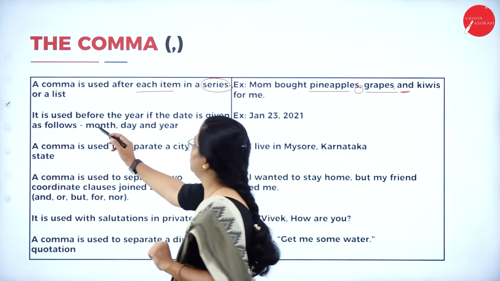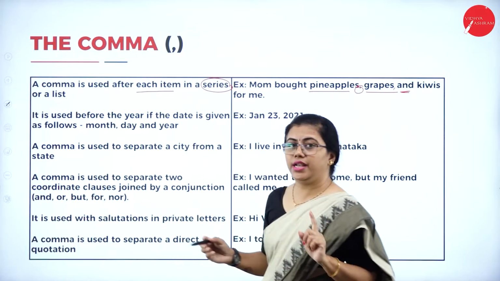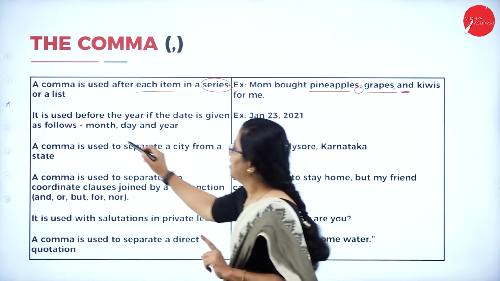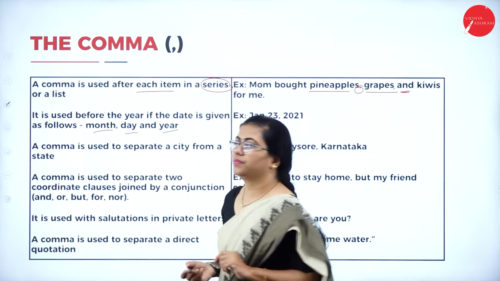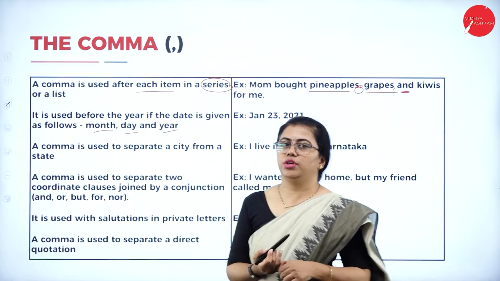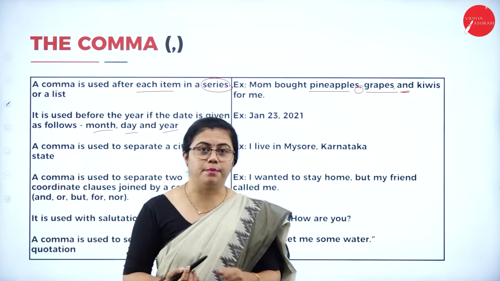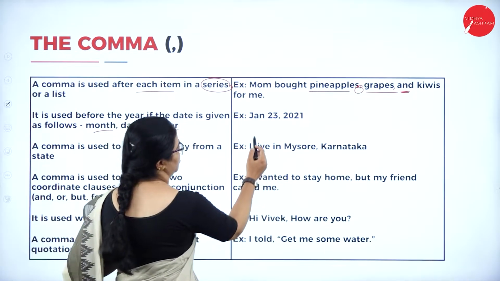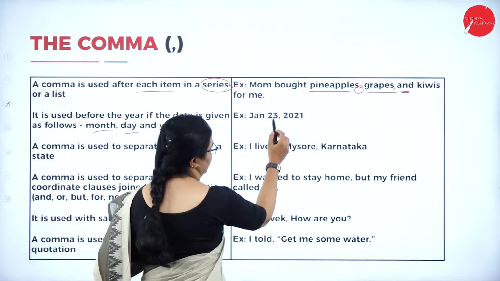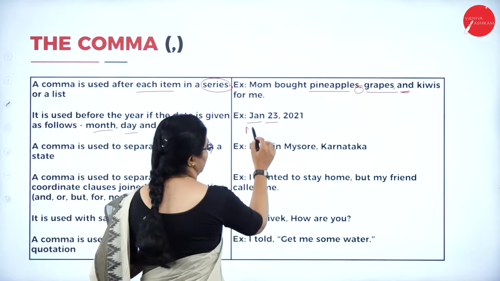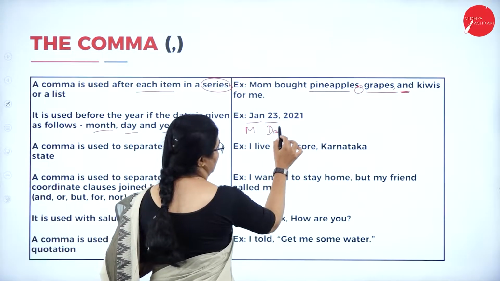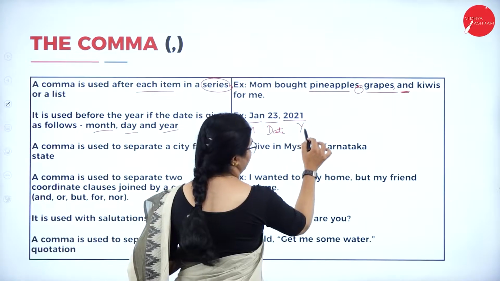Then it is used before the year if the date follows as month, day and year. Reading the definition, I couldn't understand, so let us go for an example. Suppose I write Jan 23rd, that is the month and date, then the year.